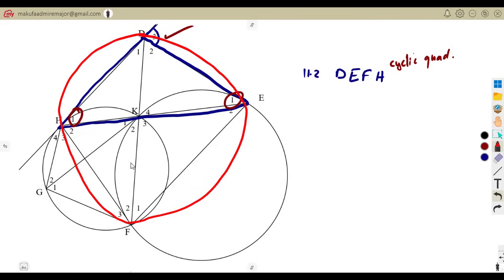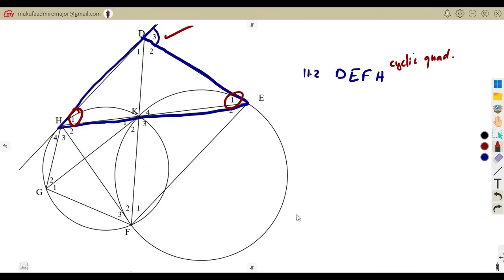As long as there's a theorem about a circle, it means we are having a cyclic quad because the points are on the circle. D, E, F, and H are on a circle. So is there anything that we can use to prove that it's on a circle?